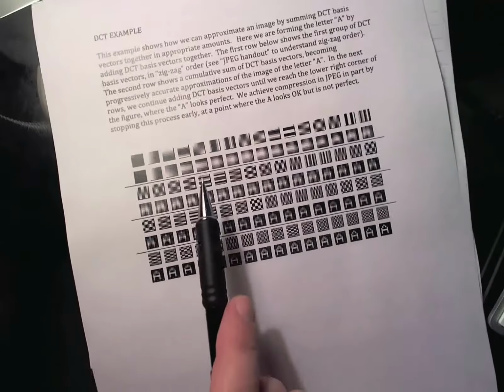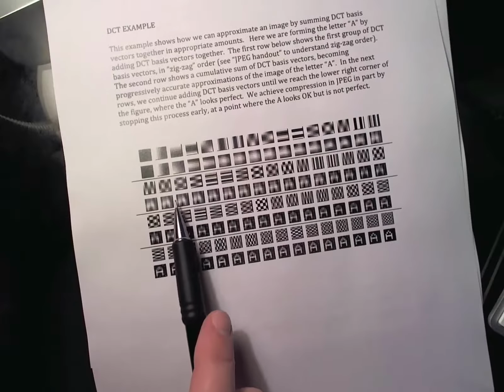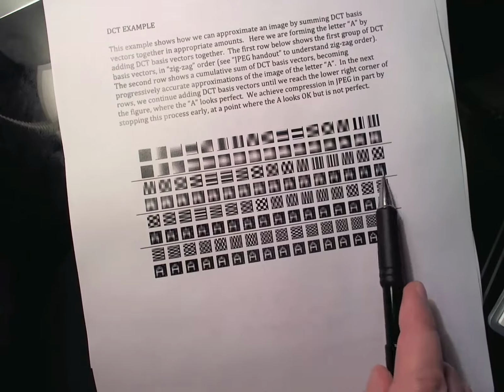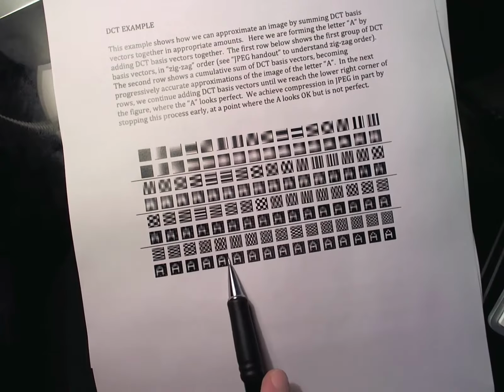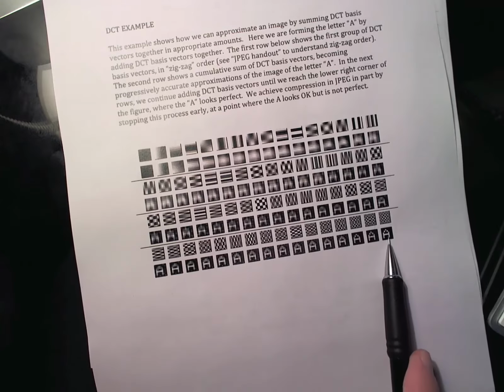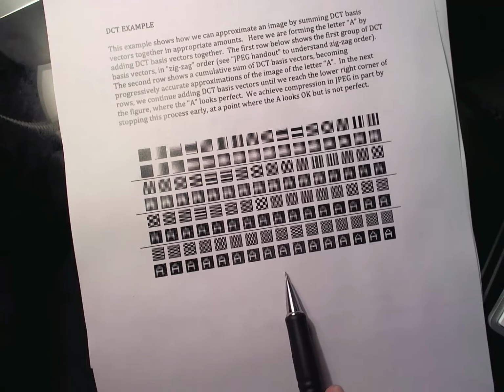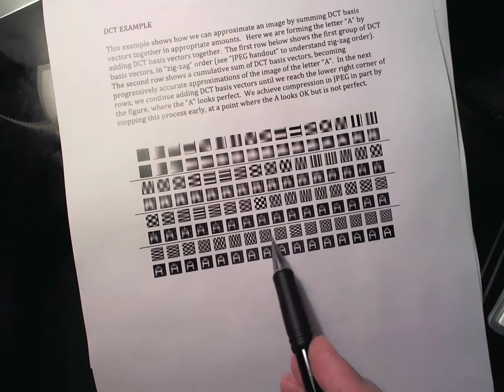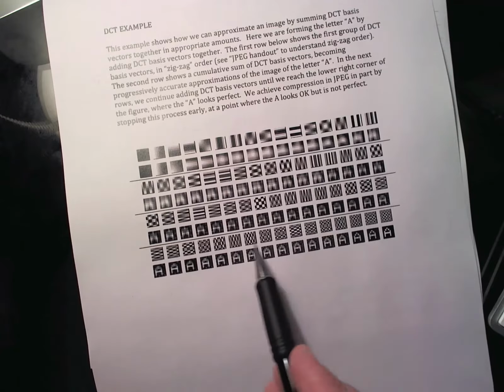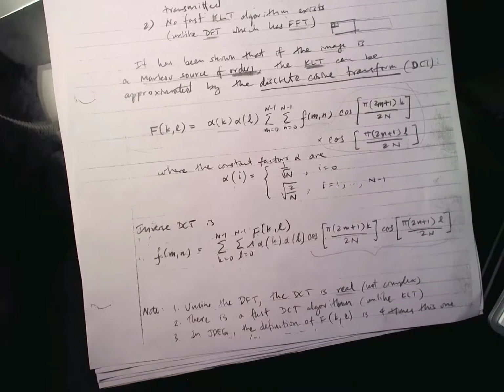And as we saw in this example, when you add them together in the right amounts, going to higher and higher frequencies being added in, you eventually will get this letter A. JPEG will use this idea, similar to what we talked about with the KL transform. It will basically not convey all this high frequency stuff necessarily, and use that as a trick to save space, to compress the file.